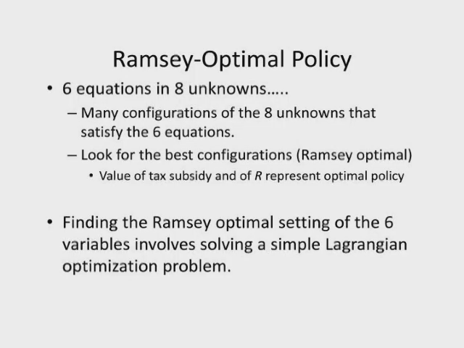So I guess this is what I'm saying here. The Ramsey optimal thing is to choose the 6 variables to maximize utility, but satisfy the 8 equations. No, sorry, a little typo here. It should be 8 variables.